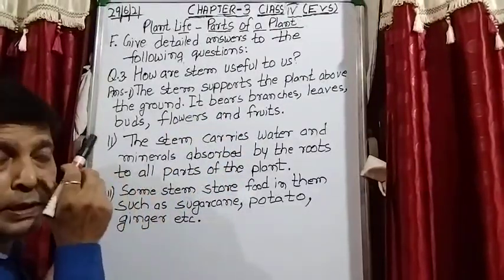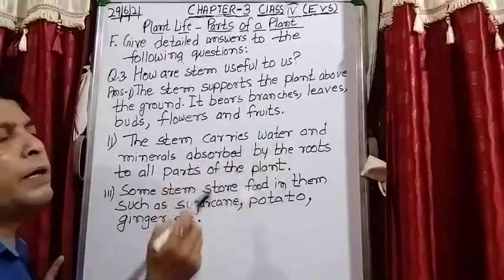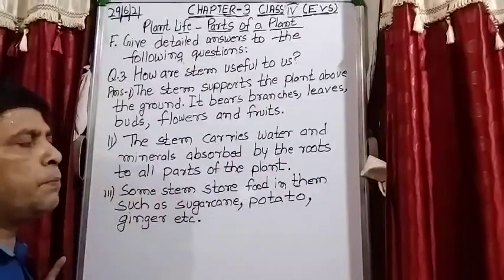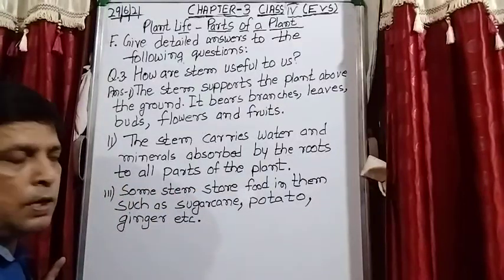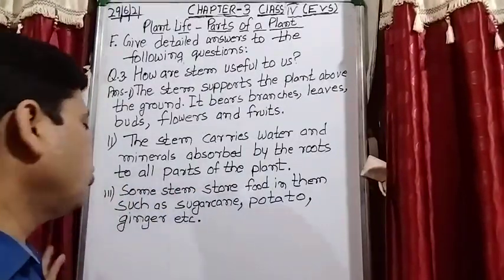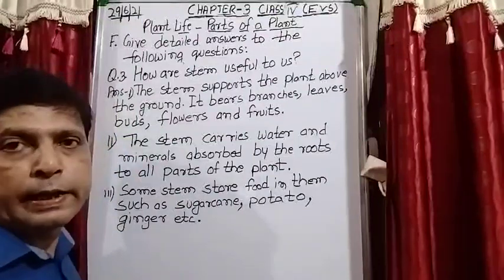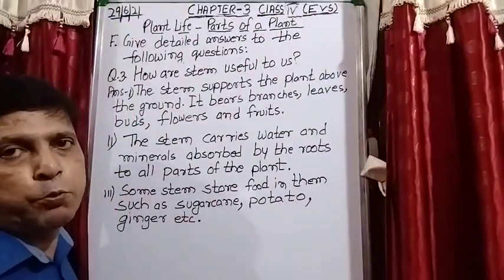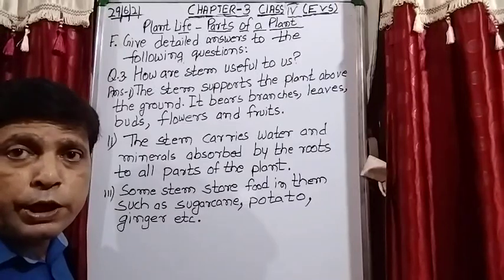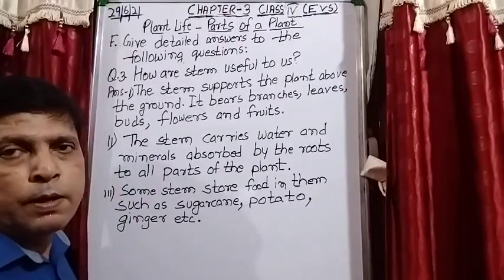Second important point is the stem carries water and minerals absorbed by the roots to all parts of the plant. And when I explained to you the functions of the root, I told you there are some special roots which store some extra food in them, and we eat the roots of those plants.